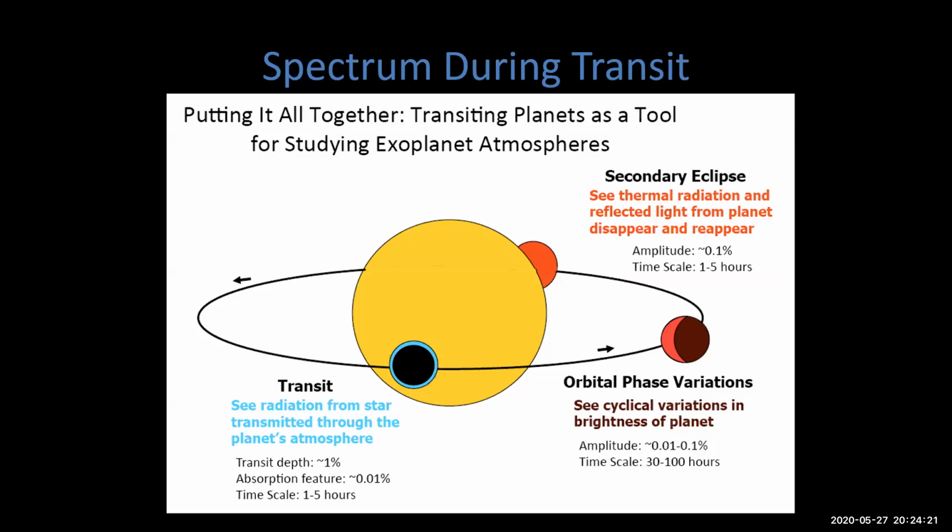The secondary eclipse is that upper right portion as it's going behind. You can see the light getting reflected back in that case. So the light from the star is enhanced because it's bouncing off the planet and coming back to Earth. And if you're measuring these small amounts of light, that could cause an effect.